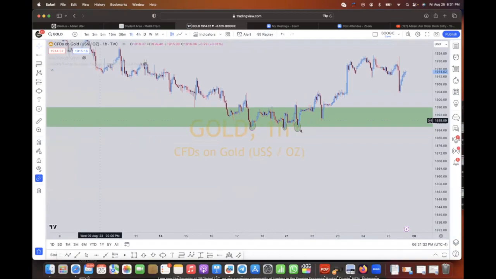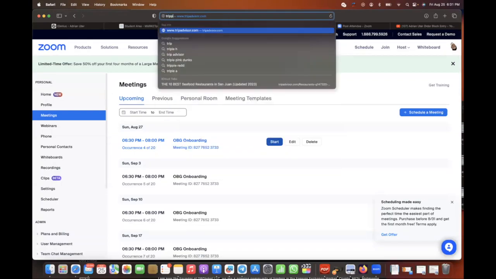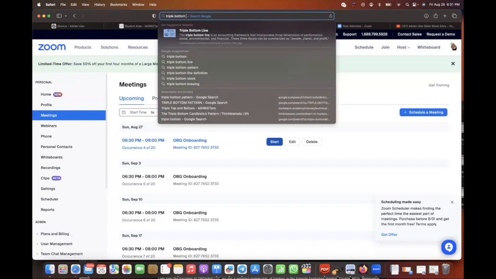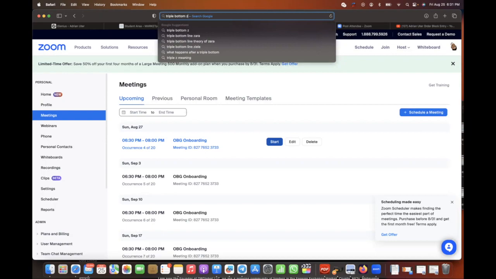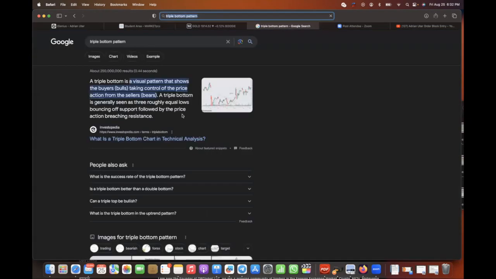Anybody know? It's a triple bottom. There we go. Triple bottom pattern.